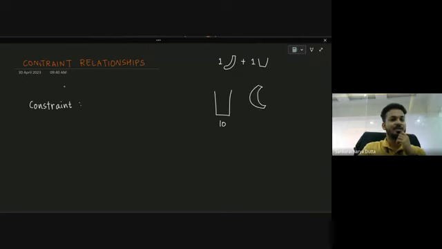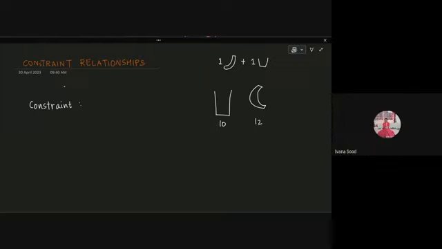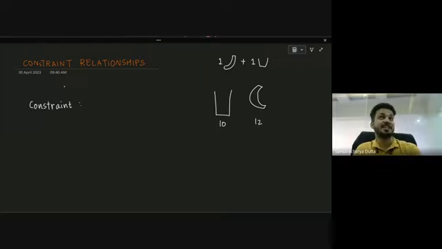How many glasses of milkshake can you make? 10. Why? Because the constraint here is the glass of milk. That is what is governing this particular recipe, this particular reaction, this particular motion.